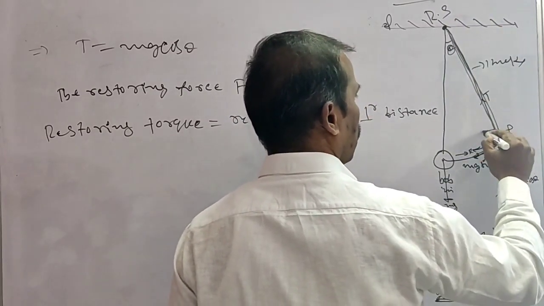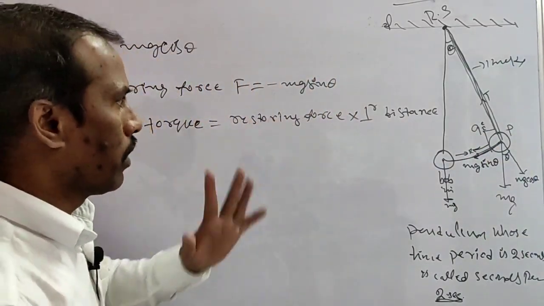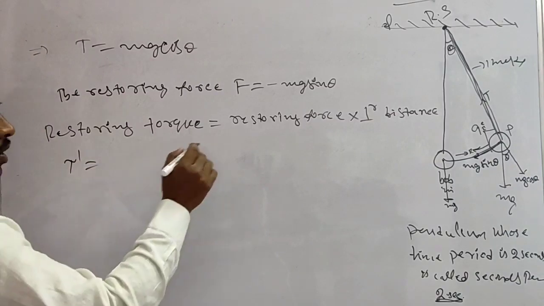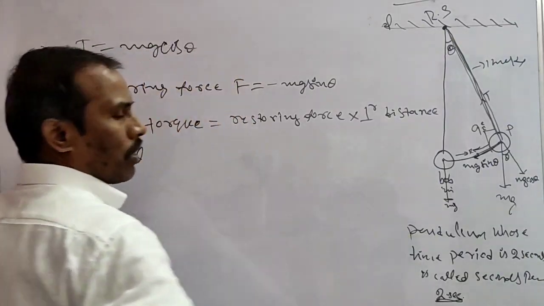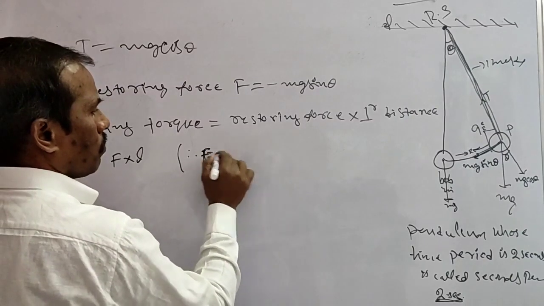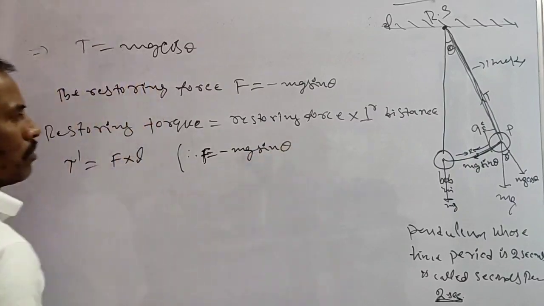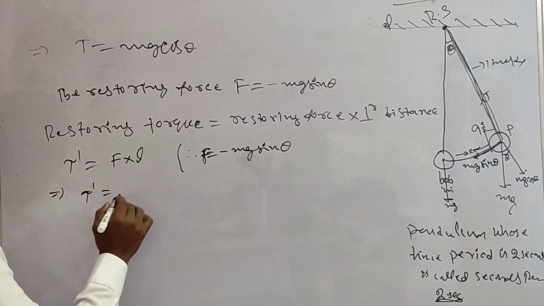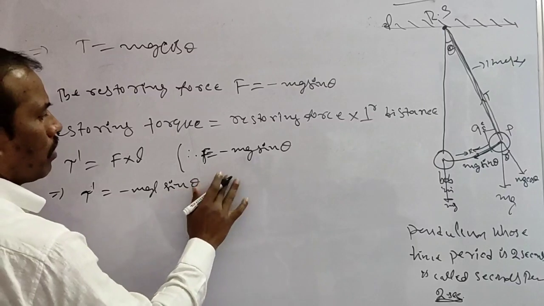This is the restoring force. Both are perpendicular, so 90 degrees. So the restoring torque tau is equal to F into L, where L is the length of the pendulum and F is equal to minus mg sin theta. So the restoring torque is equal to minus mgL sin theta.